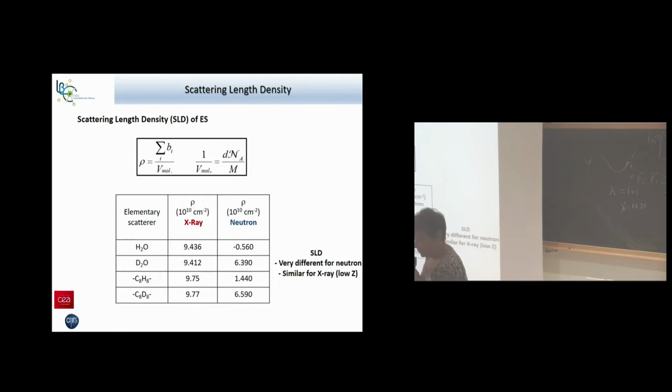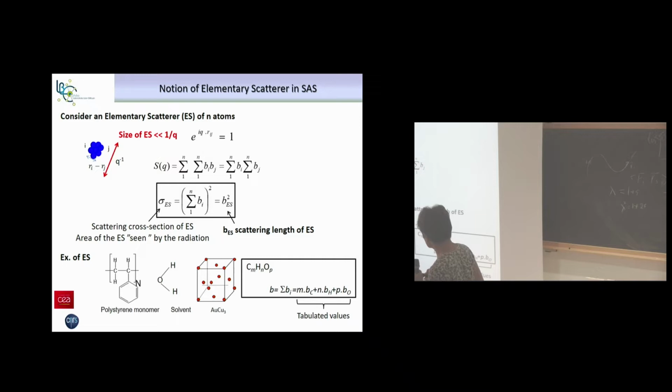This means this is more or less the scattering power of the elementary scatterers.